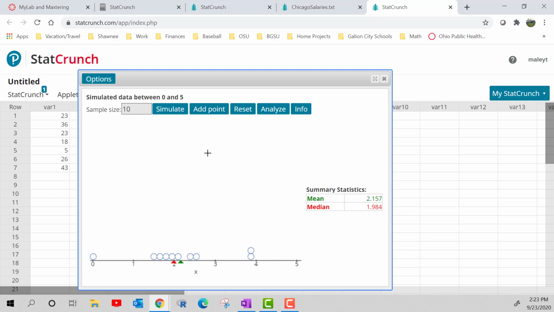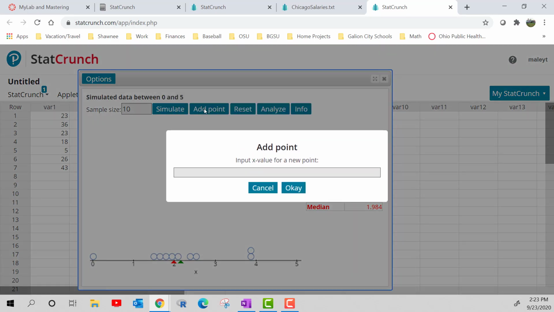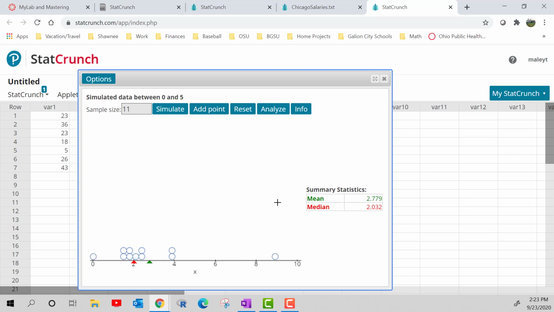And then it says to add a new observation at 9. So if I click add point and add a new observation at 9, and I hit OK, we want to note what happened to the mean versus the median. Before, if I just get rid of this value, the mean was 2.157 and the median was 1.98.